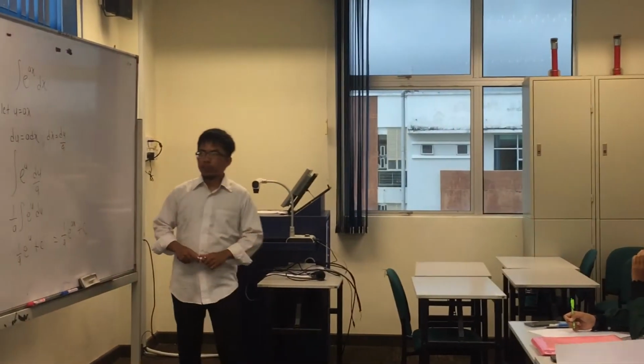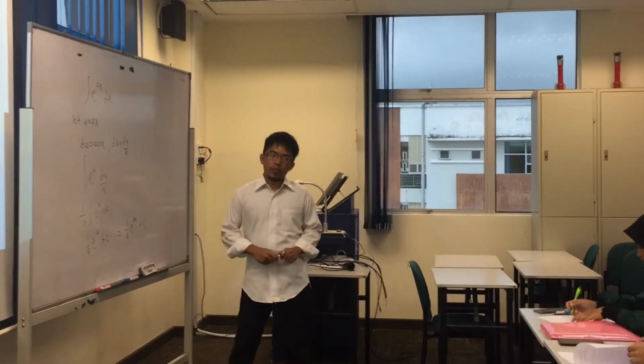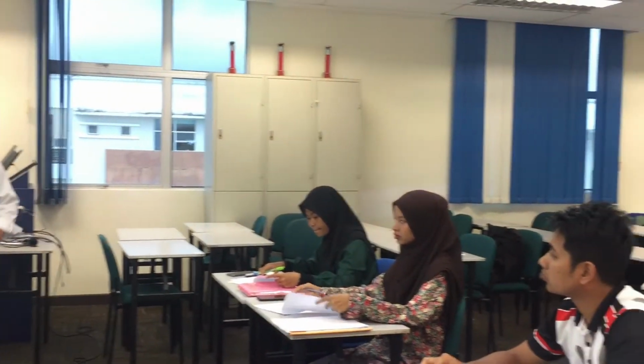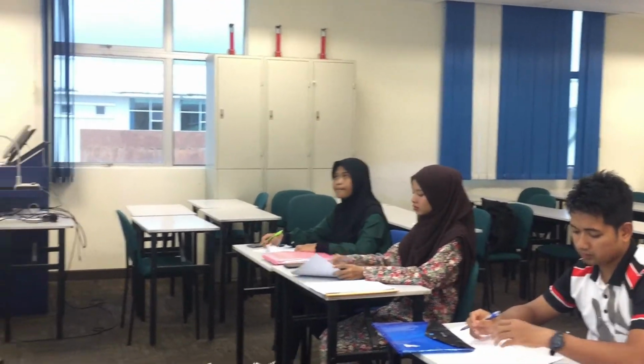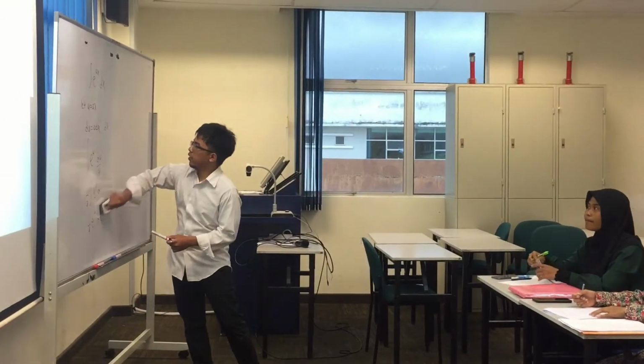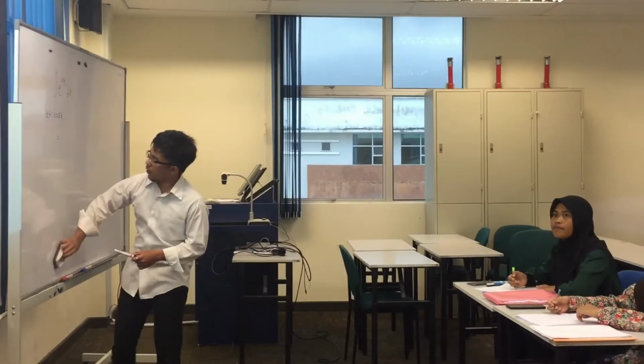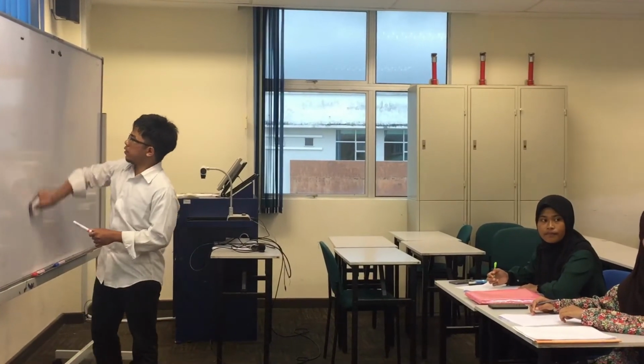We will continue to the second part. The second part is where we have a constant to the power of x. You can refer to the slide. You may read it first.